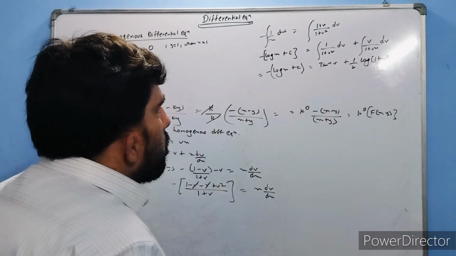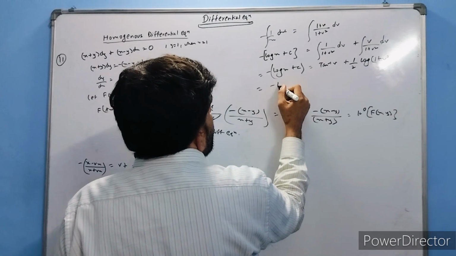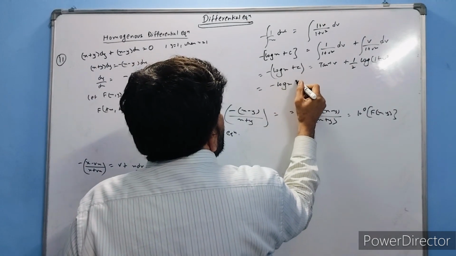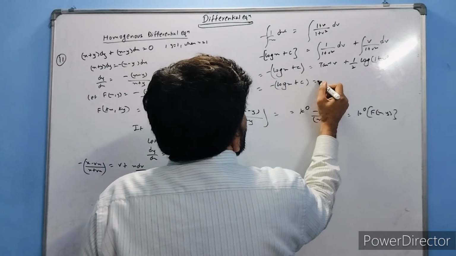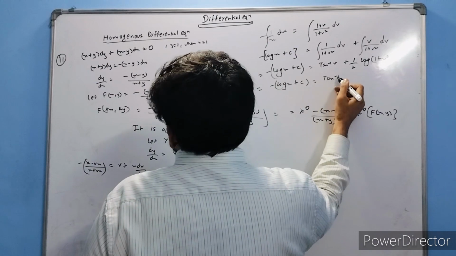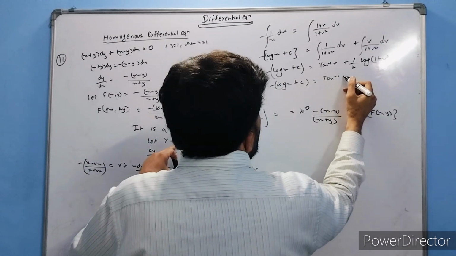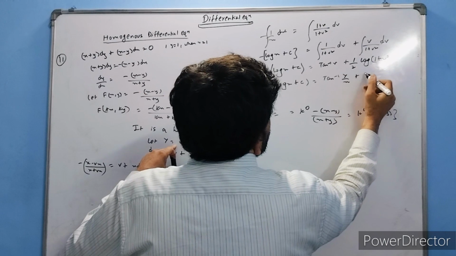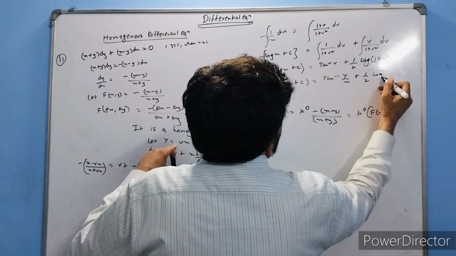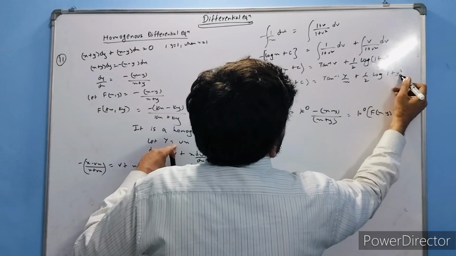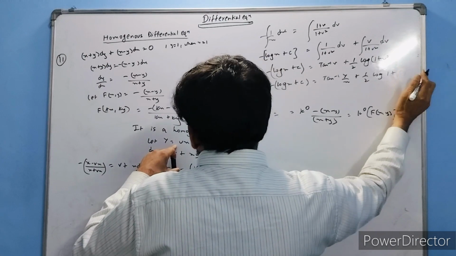Okay, so now my next step will be, we'll try to put the value again. Plus c is equal to tan inverse y upon x plus half log (1 plus v square). V square will have y square upon x square.